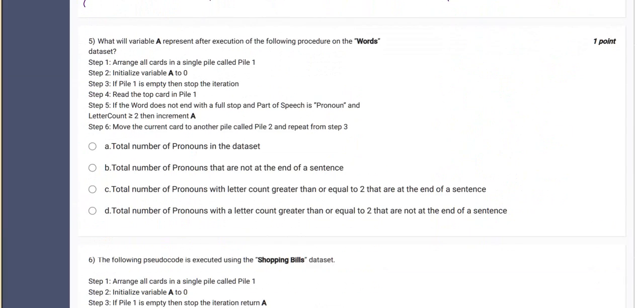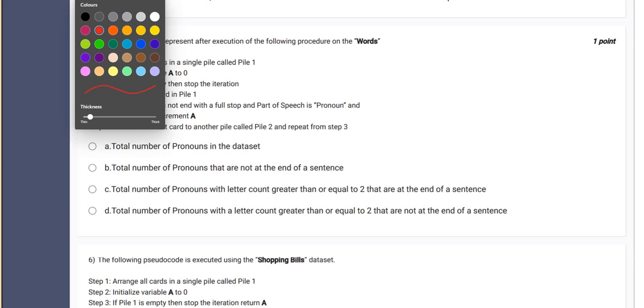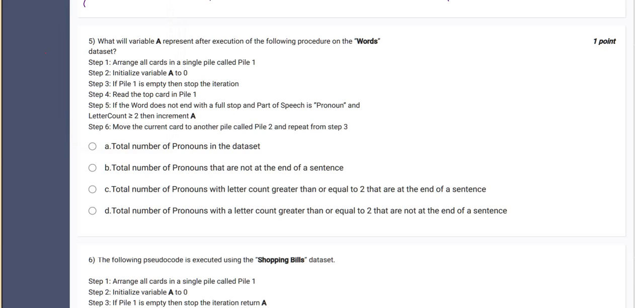Now coming to question number 5. What will variable A represent after execution of the following procedure on Word's dataset? Arrange all cards and initialize A to 0. If word does not end with a full stop, what does this mean?